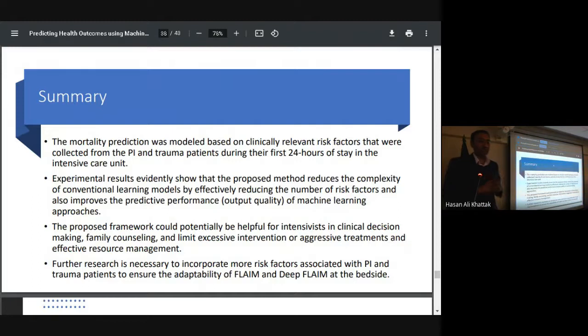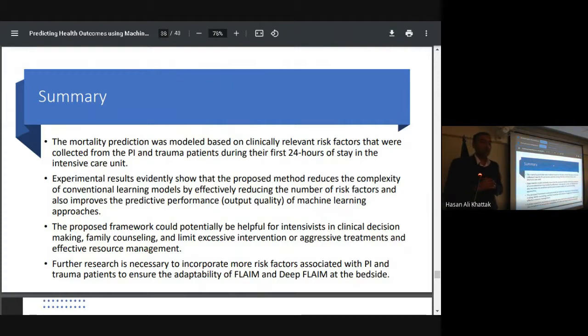The experimental results show the proposed method reduces the complexity that we usually see in conventional machine learning models, as we hybridize with conventional biostatistics techniques. It reduces the variable list, and with fewer variables we need less predictive power.